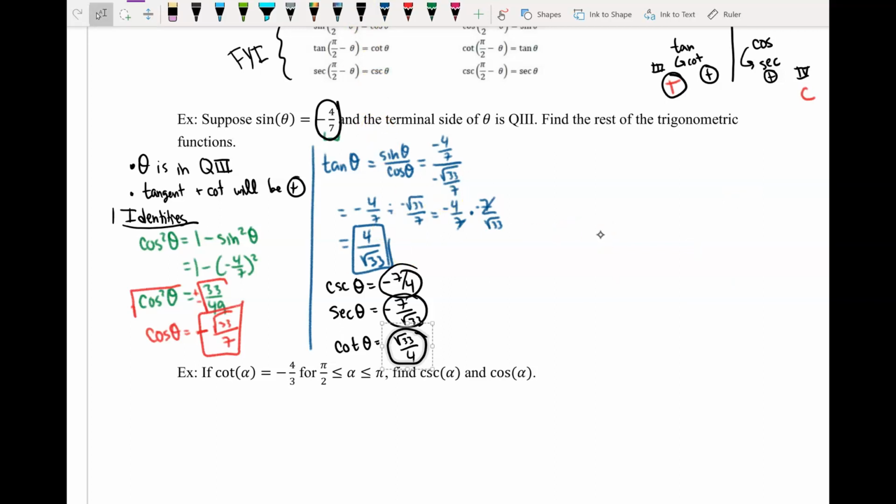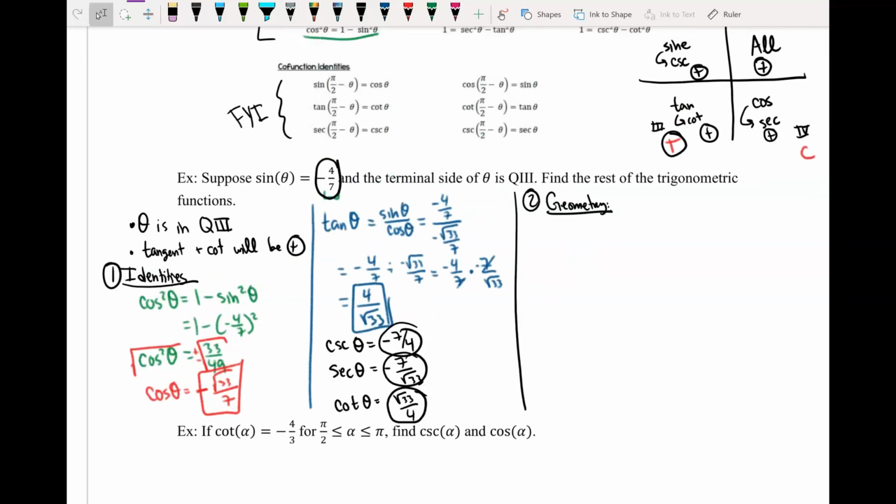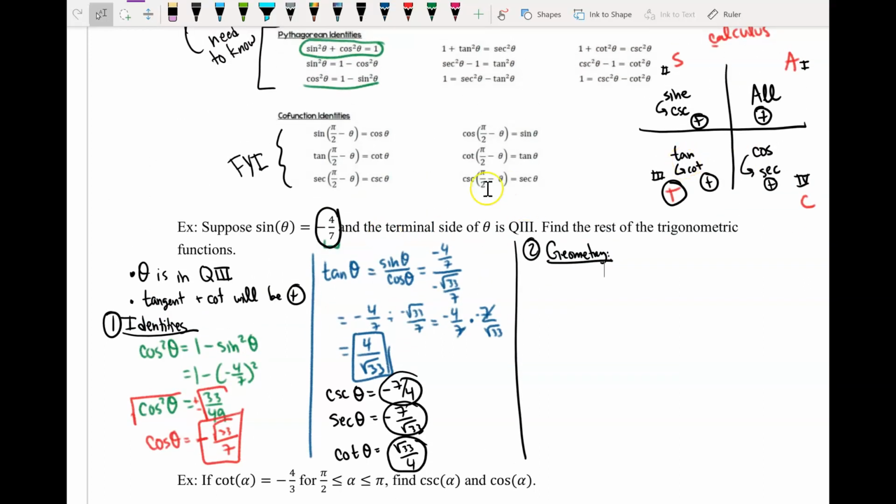Now there's another way. So this was the first way, using identities. A second way to do this is using geometry. Now, one of the things that you have to do is first locate theta. Okay, so theta here is in quadrant 3.